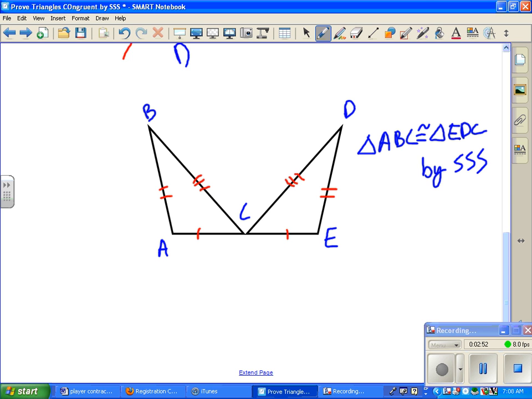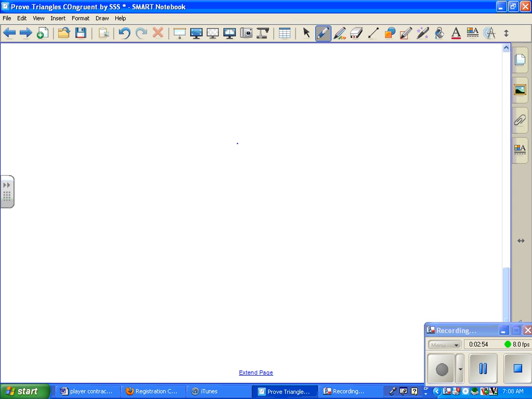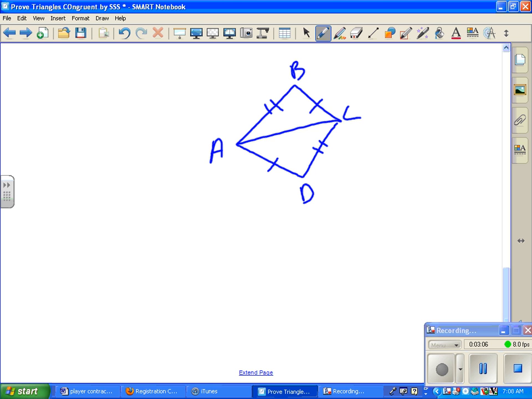Okay? Now another common example, and I didn't draw it in here, that happens a lot is if you have something like this. Are those two triangles congruent? Yes, they are. Because, let me get a different color. Because this side is congruent to this side. BC is congruent to AD.